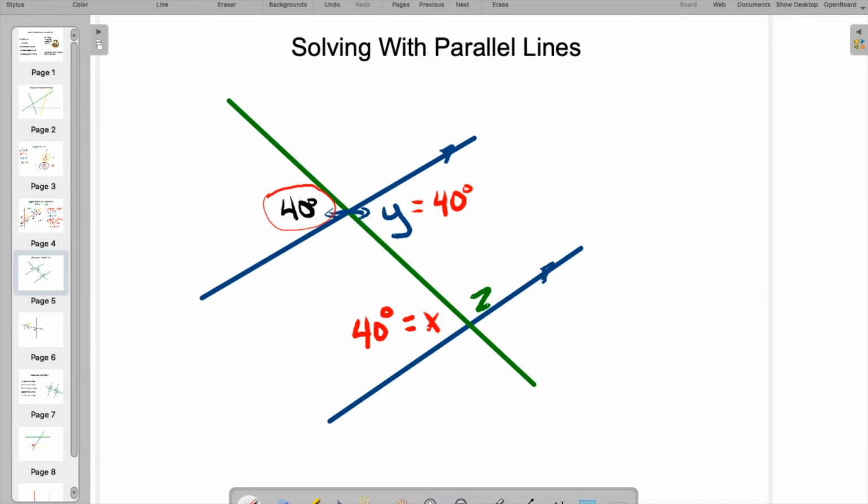Z is then supplementary with x, so I do 180 minus 40 to get 140 degrees. Now, what most people do in these situations is they finish solving the rest of these pieces just to make sure that they haven't made a mistake and that the 4 corresponding angles on the top left match the 4 corresponding angles on the bottom right, which they do.